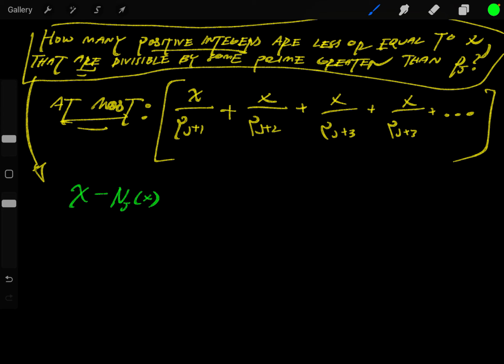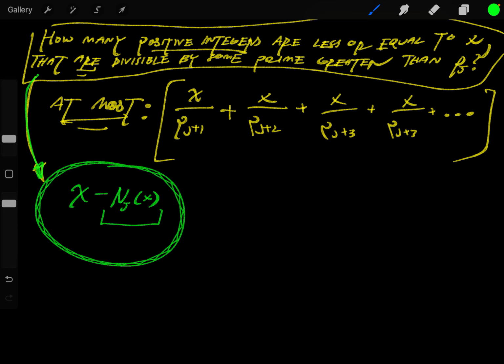We should see that the number of positive integers less than or equal to x that are divisible by some prime greater than p sub j, plus the number of positive integers less than or equal to x that are not divisible by some prime greater than p sub j. So if I do x minus that, that's what's left over from x, right? And this then means that this is at most.